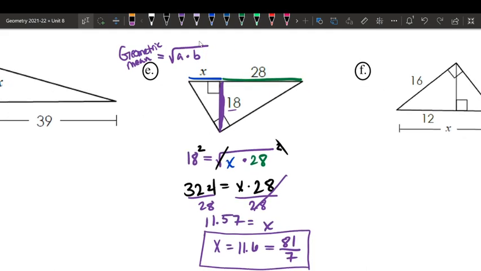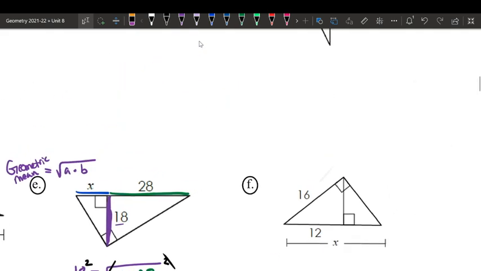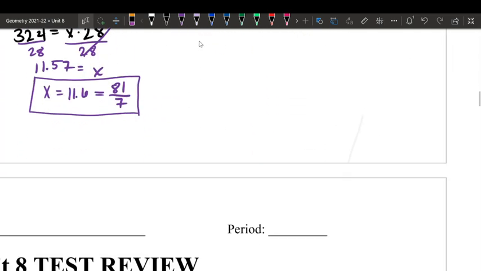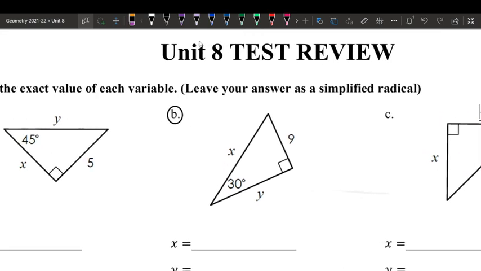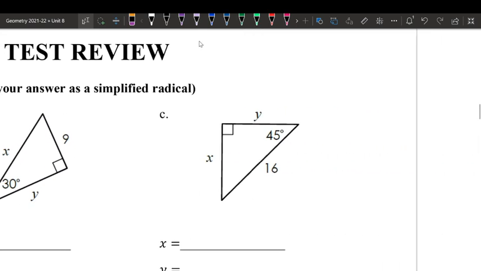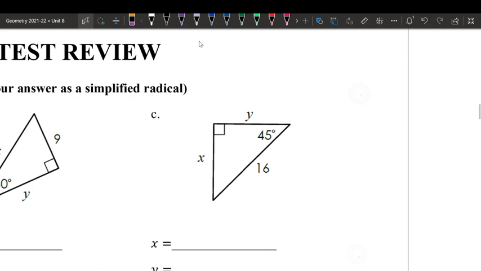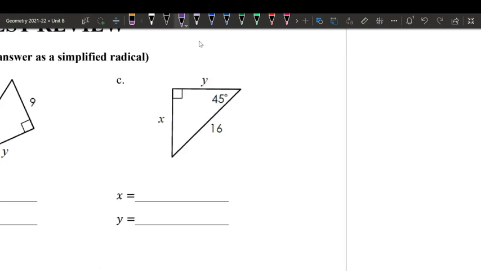And then you wanted C? Yes. Okay. So another geometric mean, C, on the next page. It's also labeled number 3, but this one's C. That's a 45, 45, 90 triangle. And I want my answer as a simplified radical. Okay, so the way I showed you to do these is set up a tic-tac-toe grid for 45, 45, 90.